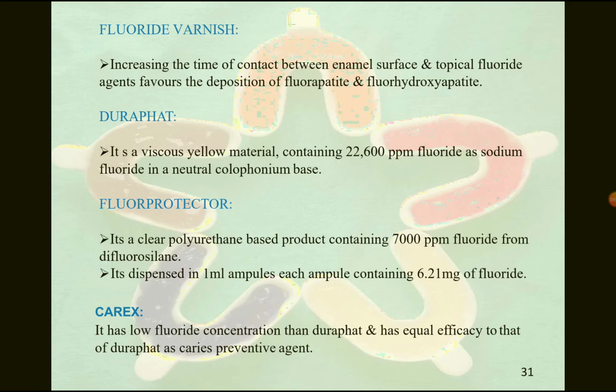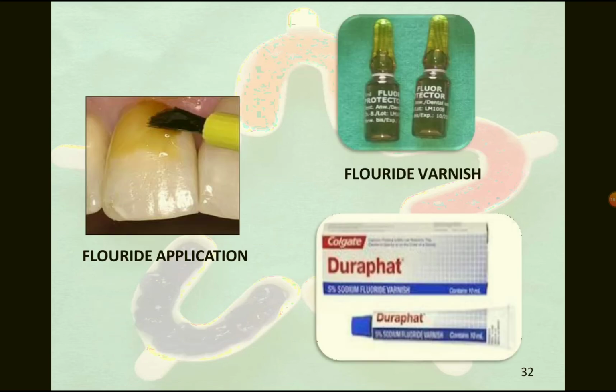It is dispensed in 1 ml ampules, each ampule containing 6.21 milligrams of fluoride. Carex has a lower fluoride concentration than Duraflor and has equal efficacy to Duraflor as a preventive agent. So these are the fluoride varnishes, Carex and Duraflor.